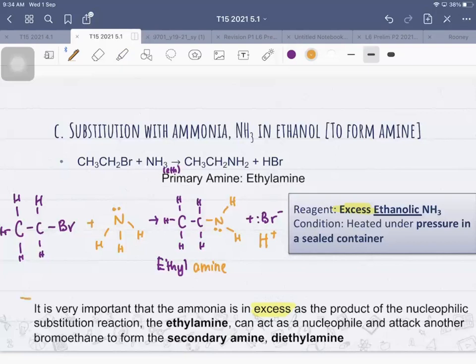Don't forget to copy this down as well. Because the product can act as a nucleophile and then it can attack another bromoethane. Usually I would show students the mechanism, but I don't know why I don't bother this time.